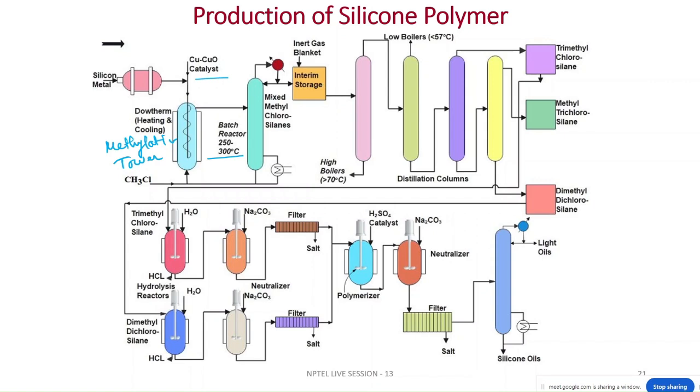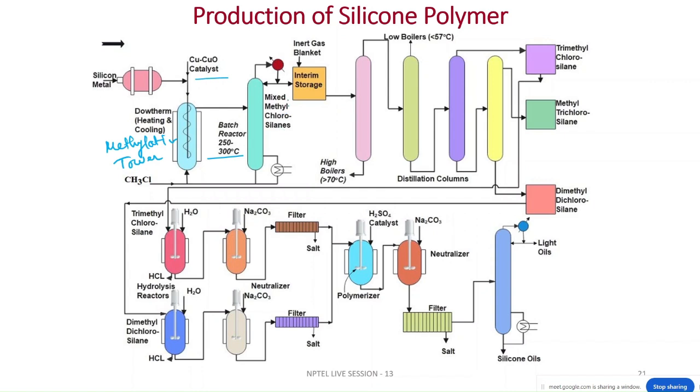The mixed methyl chlorosilanes in this reactor are formed by introducing methyl chloride vapor into this mixture.